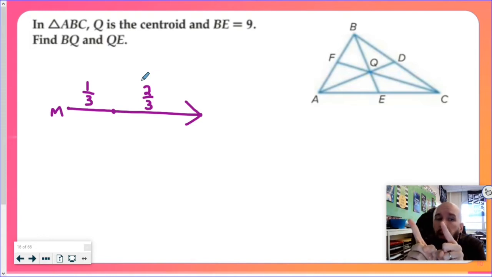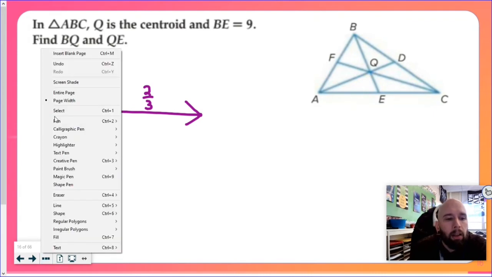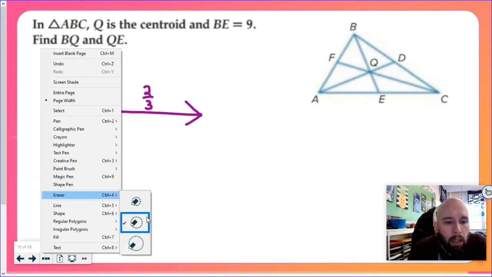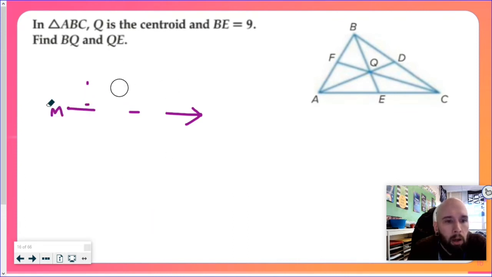More importantly, the longer side is going to be twice the shorter side, because 2/3 is 2 times 1/3. Let me erase this now that I've given you some info and go over this problem right here.